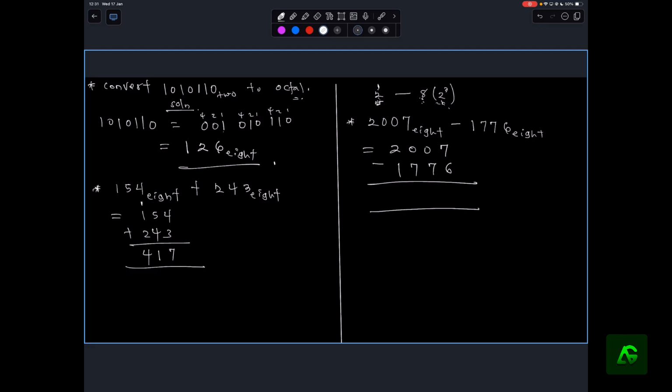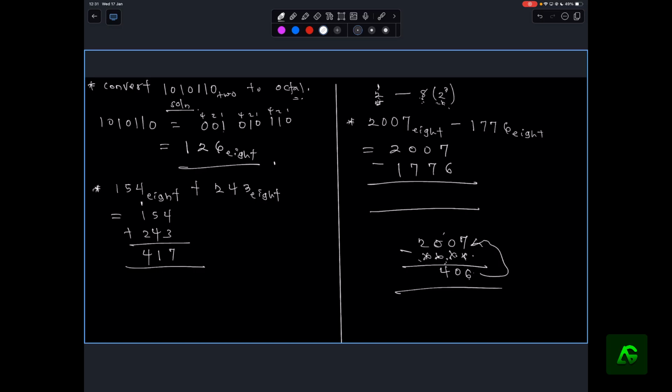For instance, let's say I have 2007 minus star star star star, and the answer is given. Let's assume the answer is 406. It's not for you to find this now, but how are you going to play around this? It's very simple. To find the missing value, subtract this answer from this other one, and that gives you the missing one.